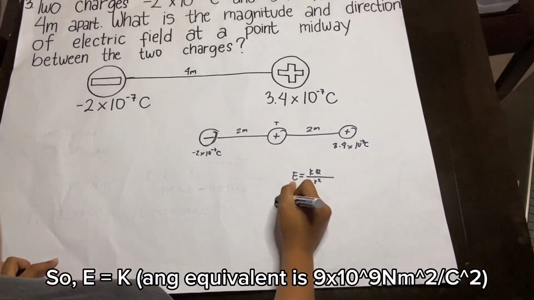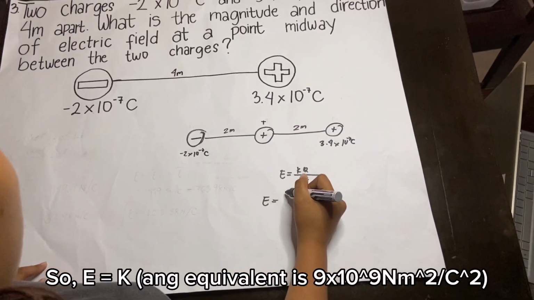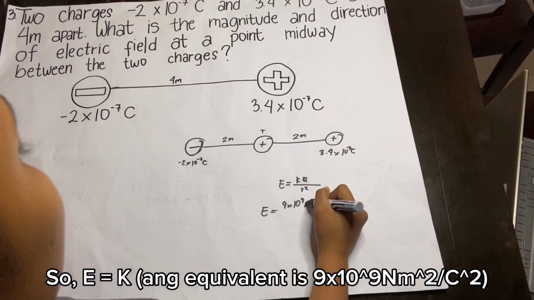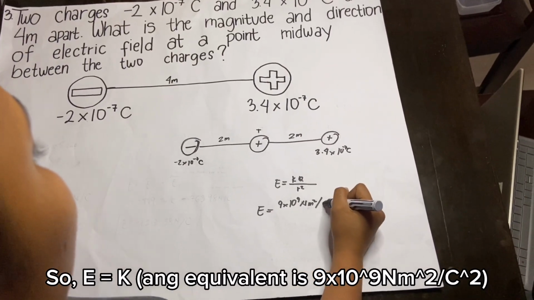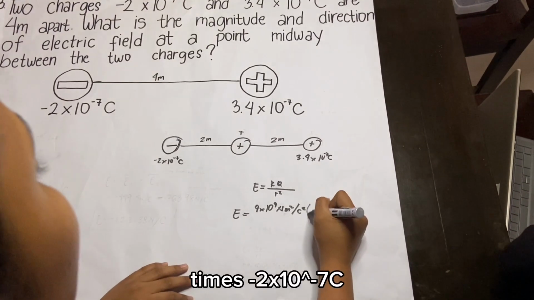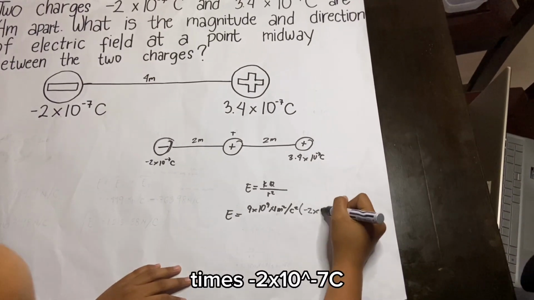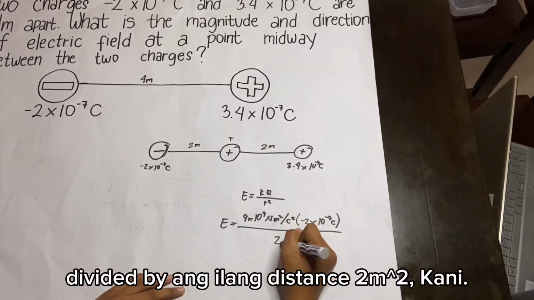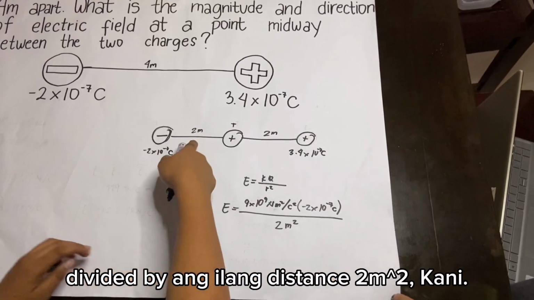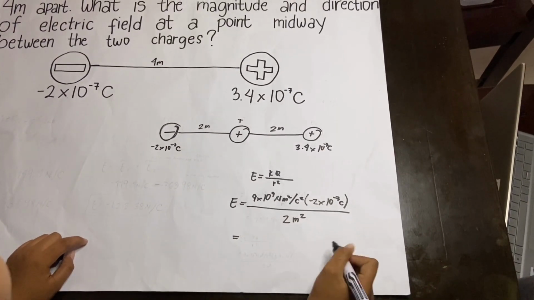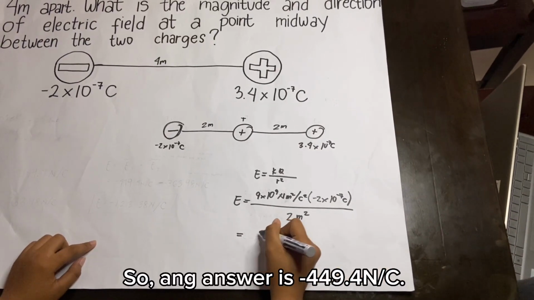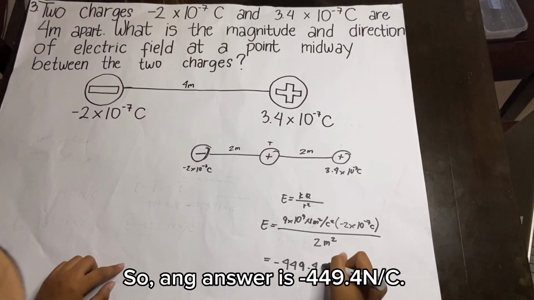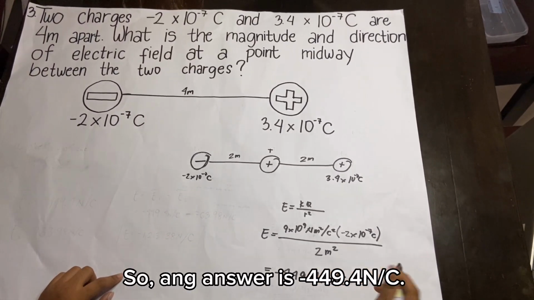So, E equals K, which is equivalent to 9 times 10 raised to 9 Newton meter squared per coulomb squared, times negative 2 times 10 raised to negative 7 coulomb, divided by their distance, 2 meters squared. So, the answer is negative 49.4 Newton per coulomb.